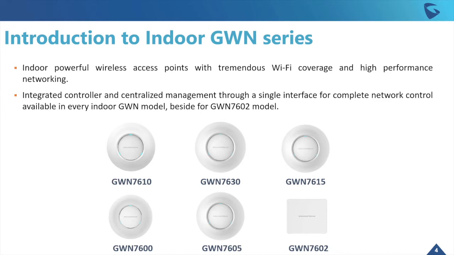One important thing to note is that all the indoor GWN models have an integrated controller with a centralized management of up to 50 GWN access points. In other words, you can choose one of the access points and use it as the controller of other GWN access points in your local network.